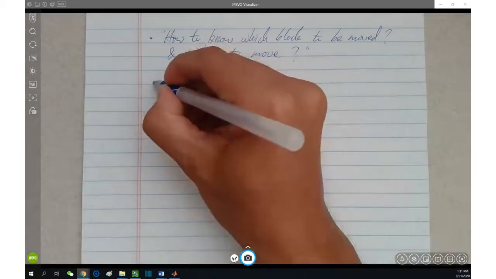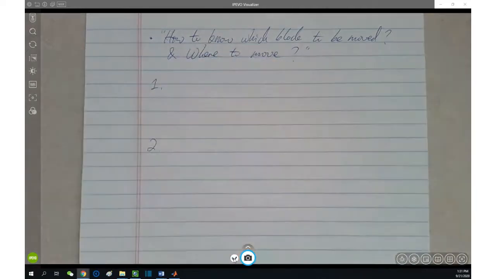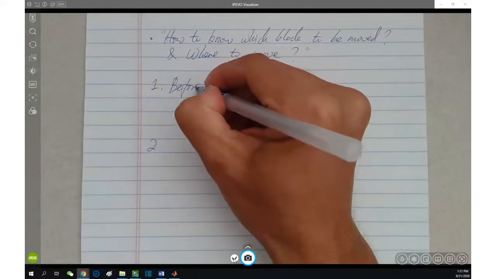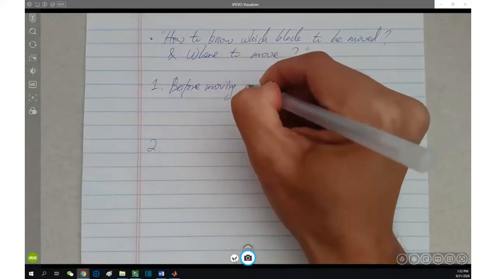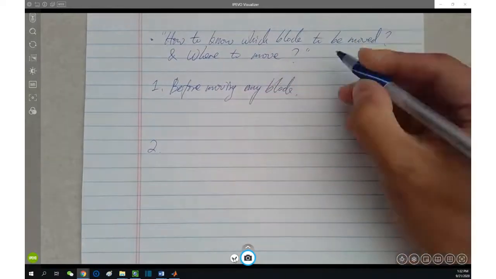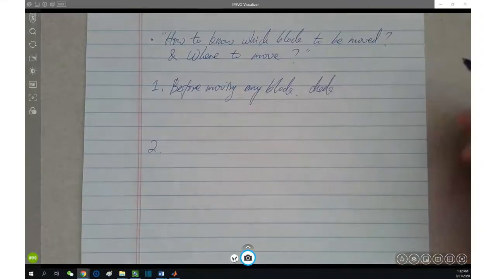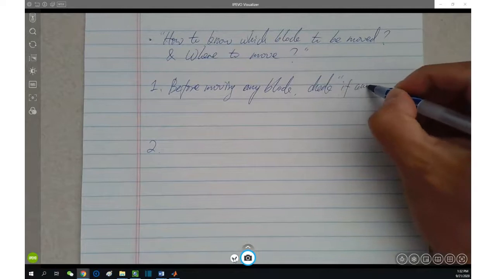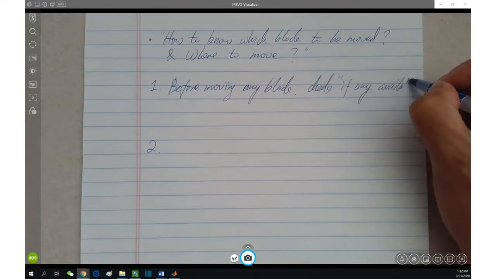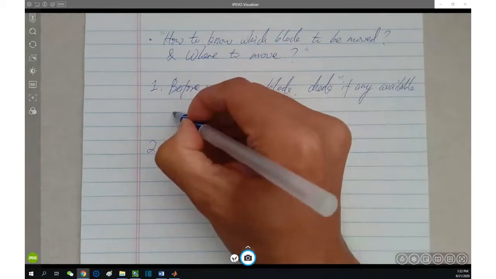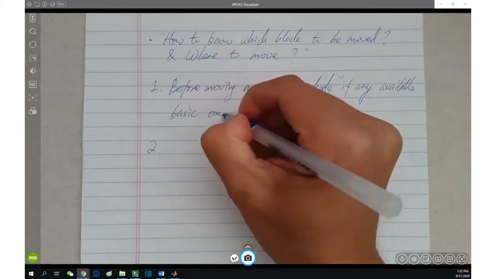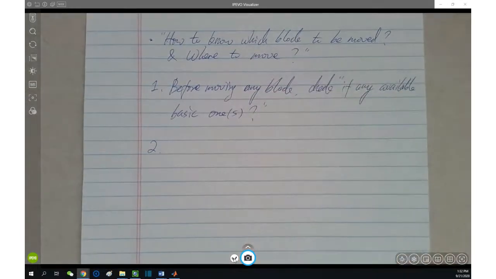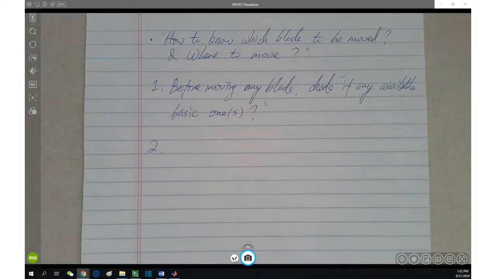You have two principles, or two tips. Remember, number one: before moving any block, you need to read through the given complicated block diagram and check if any basic ones are available. Once again, who are the basic ones? Cascade, parallel, and feedback.